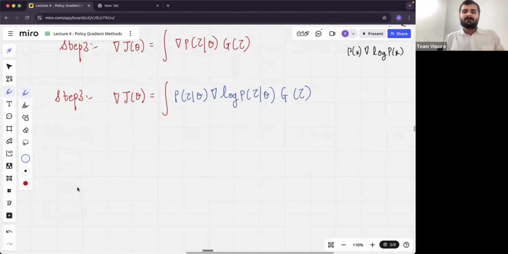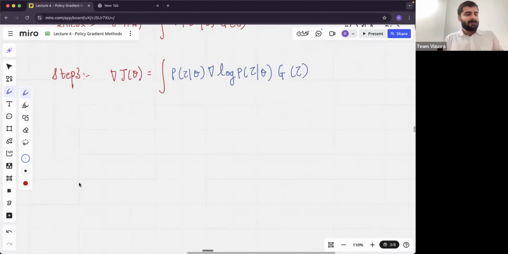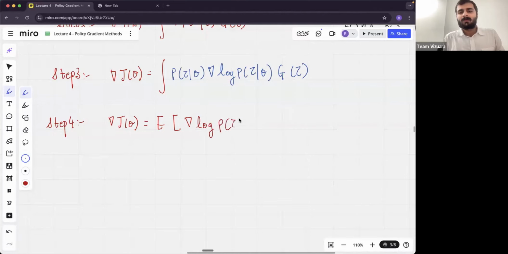Okay, so far we have not done anything complicated. Now what we do is we take this back to the expectation form. So if we take it back to expectation form, we'll get something like this. The probability will not come because we are taking an expectation now: grad of log P of tau given theta into G of tau.